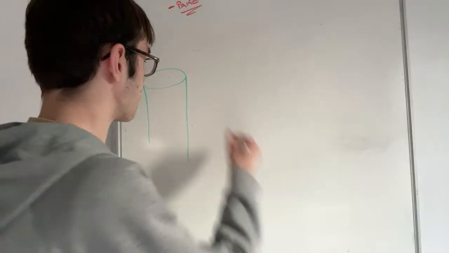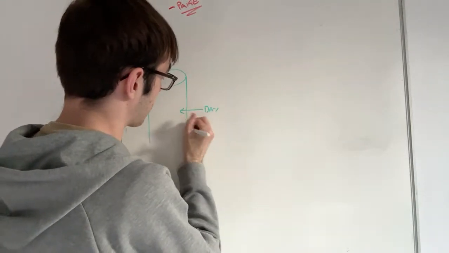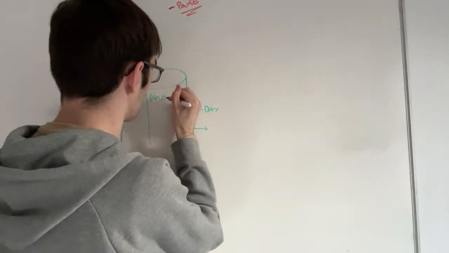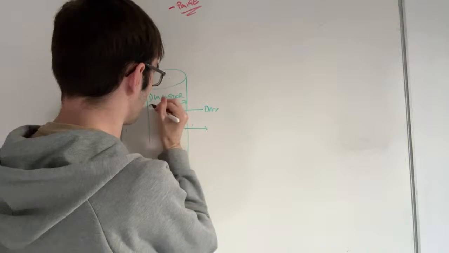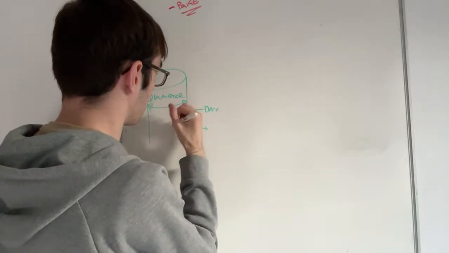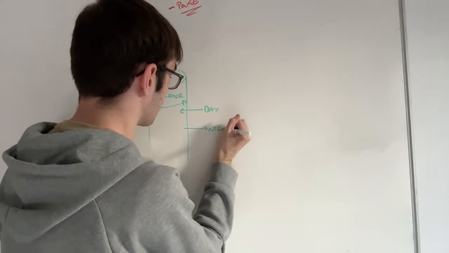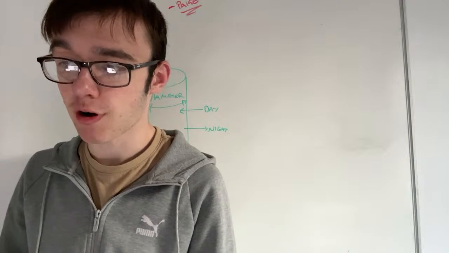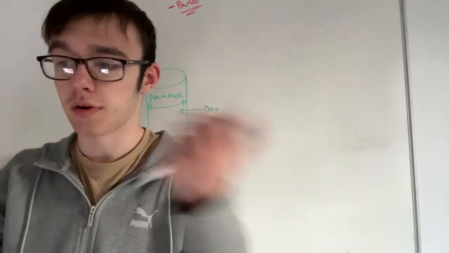So evidence is that during the day, trees or plants are going to be smaller in diameter. The diameter is going to be, in the day, smaller, in the night, larger. That's easy.